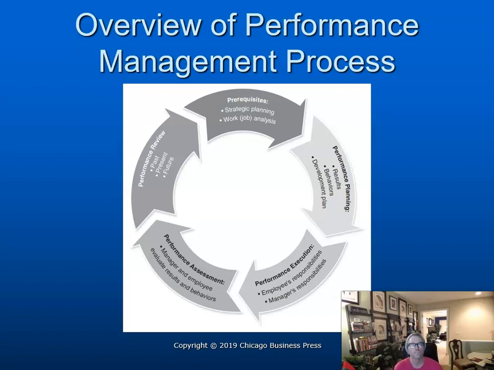You can call it strategic planning, work analysis, job analysis, all these terms that sound better than where you're going to go. But in reality, the first step of the management process is, well, where do you want to go? Because based on where you're going to go, that's going to tell you the type of employee you need to look for and the type of management oversight that you need to provide.